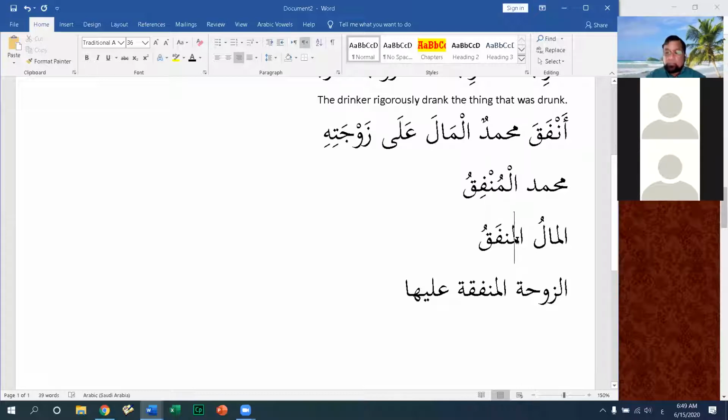Al-munfiqu, al-munfaqu, az-zawjatu al-munfaqu alayha. الزوجة.